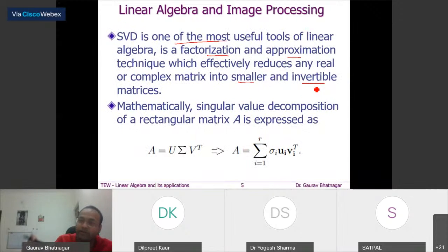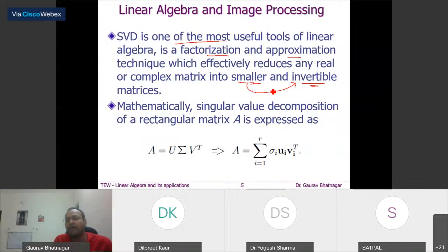We are looking for a versatile tool which will definitely give me a factorization where a matrix, which may be real or complex, is factored into smaller matrices, and all those factors we get are going to be invertible. This deadly combination makes SVD a prominent tool in diverse disciplines.